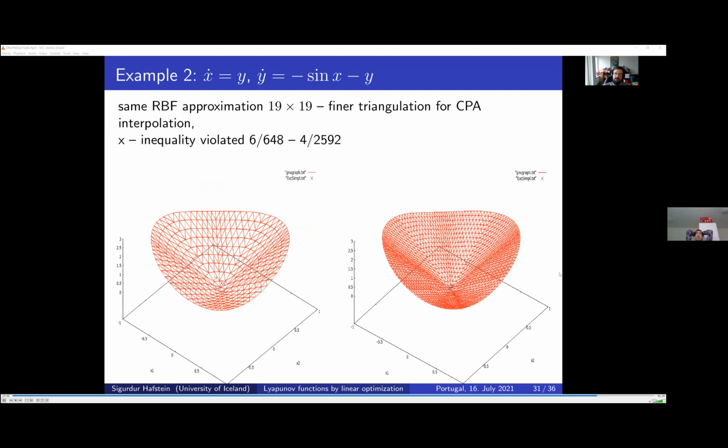And here it's the same function from the RBF, so it's the same object we computed, but we use a finer triangulation for the interpolation, and now you see it's failing only very close to the origin. And we could go on. Here it is failing in 6 out of 648 triangles. Here it is failing in only 4, closest to the origin, out of 2,592.